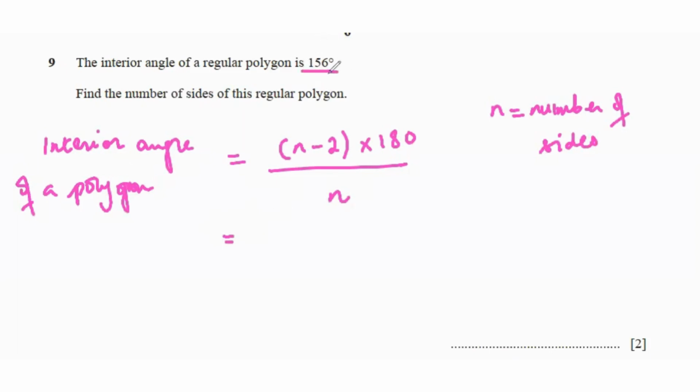The interior angle is given as 156, and n is what we have to find. So 156 equals n minus 2 times 180 over n.